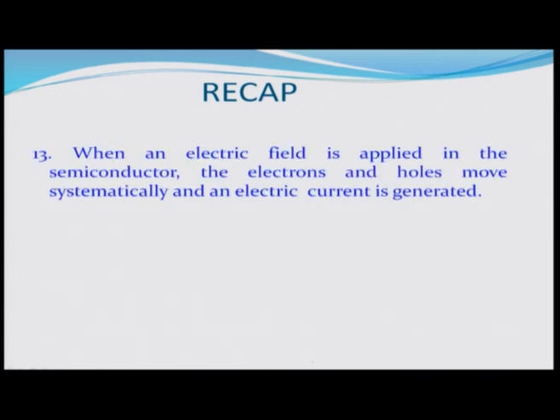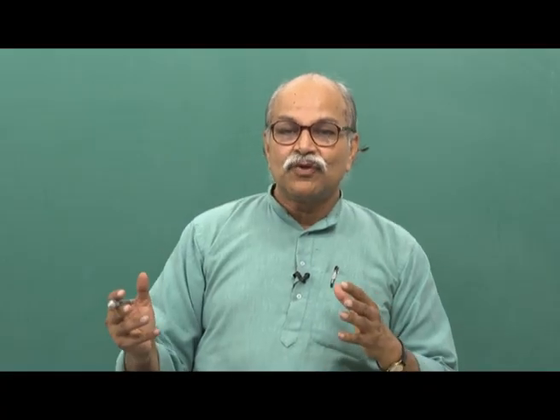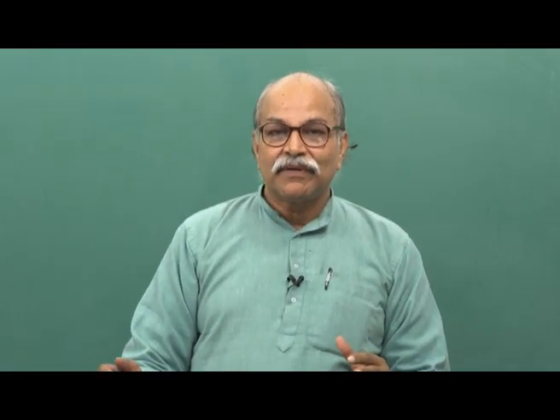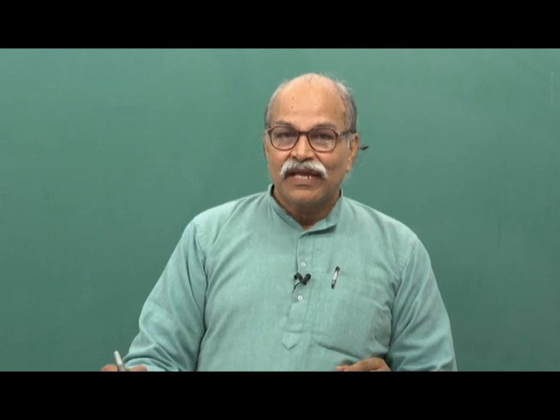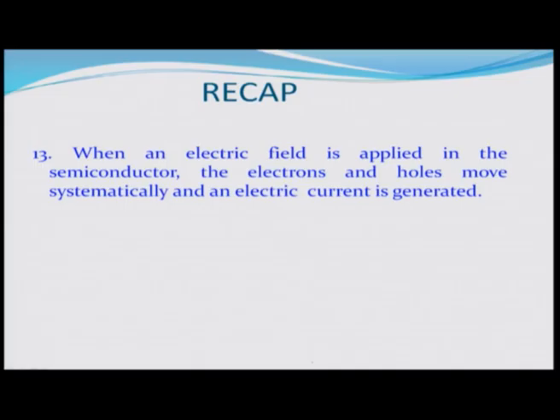Then we talked of what happens if we apply an electric field in such a material. If we connect it to a battery, what will happen, how the current will go, and then we said that the electrons and the holes both will contribute to this electric conduction.